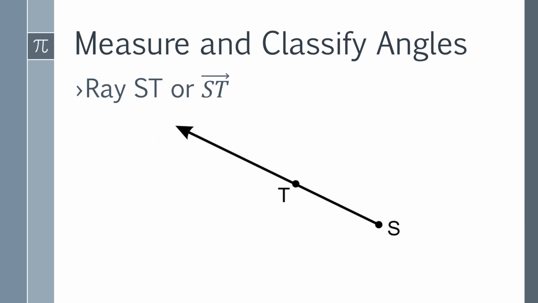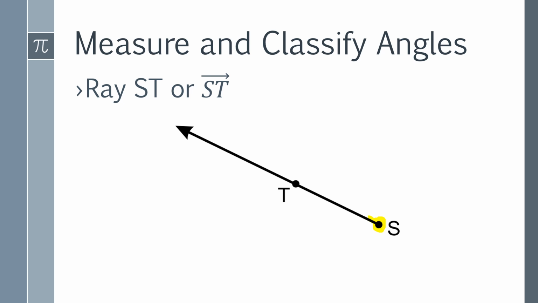So here we have a diagram of what we would call ray ST. We can see here that this endpoint that we have on this ray is S. That's the endpoint.